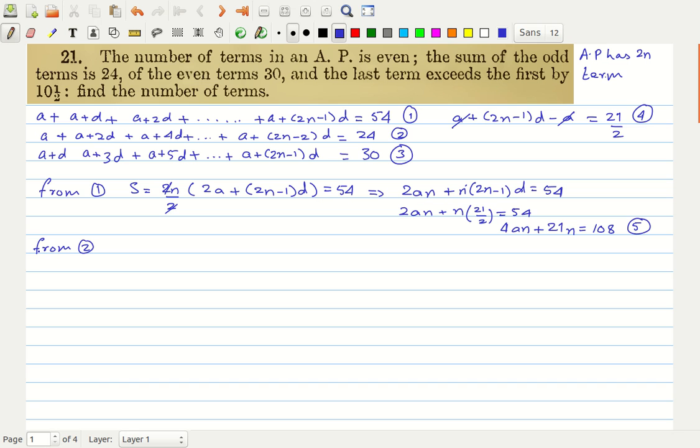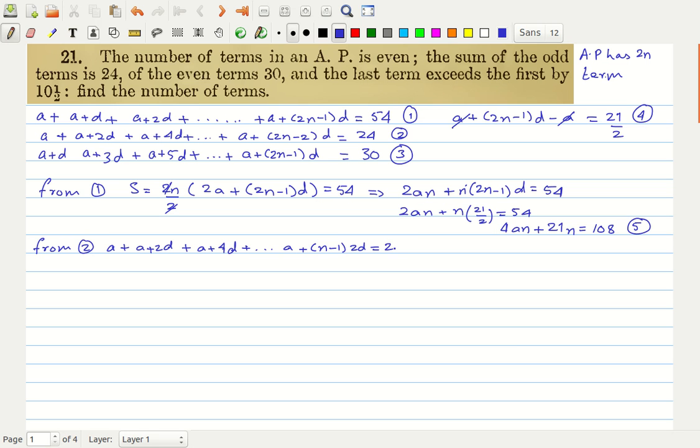In fact, you can write the sum as a plus (a plus 2d) plus (a plus 4d) plus up to a plus (n minus 1) times 2d, right? 2n minus 2 can be written as (n minus 1) times 2.